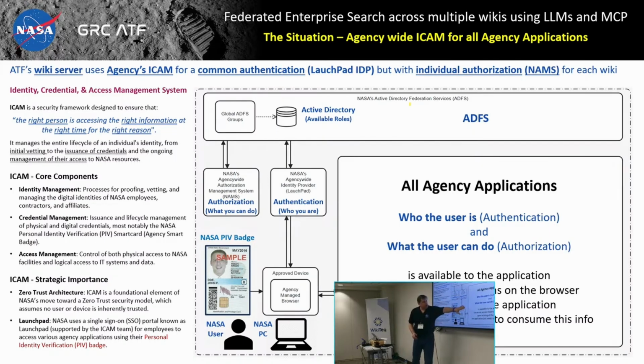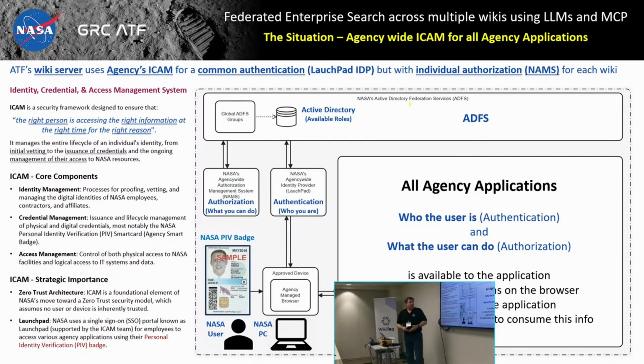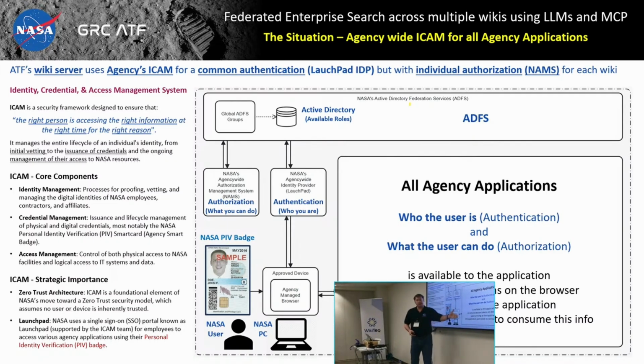Depending on the application that you're trying to get access to, it checks with the authorization system. And once it knows who you are, it can figure out what you're allowed to do, and that combination of information is sent back to the browser and contained into a secure session and some tokens that the application is then required to consume in order to decide how to proceed.